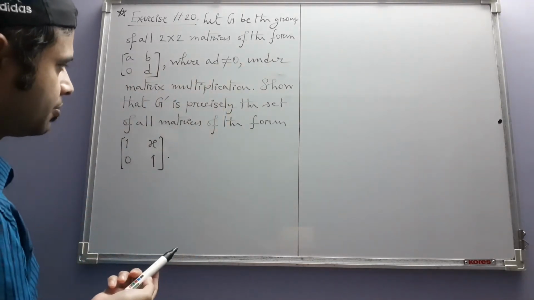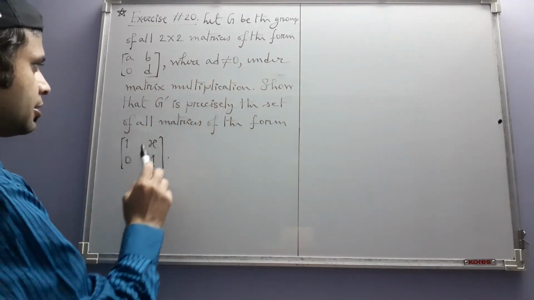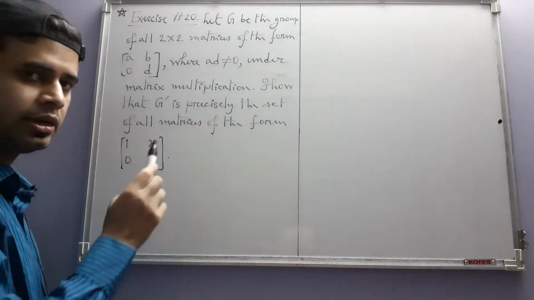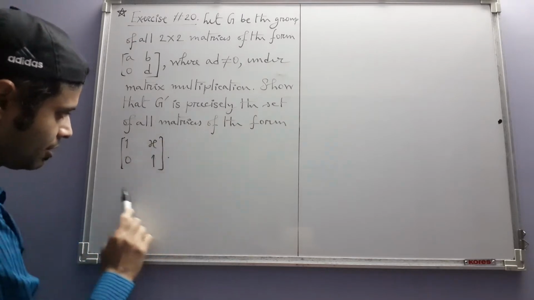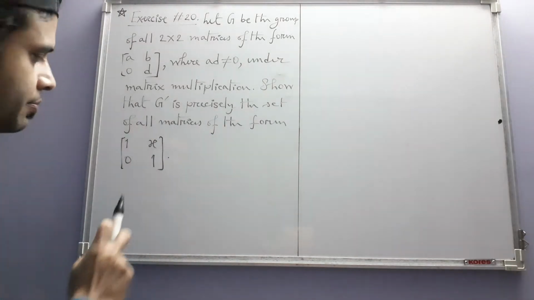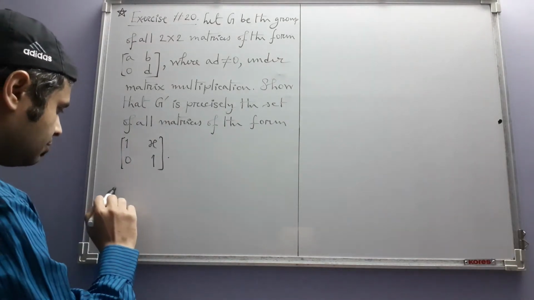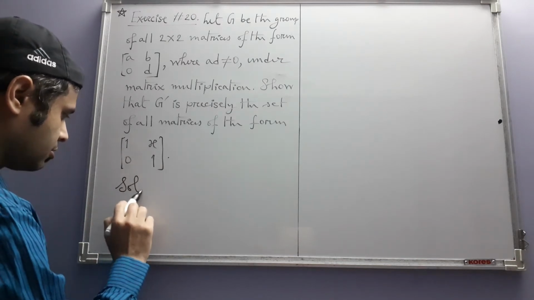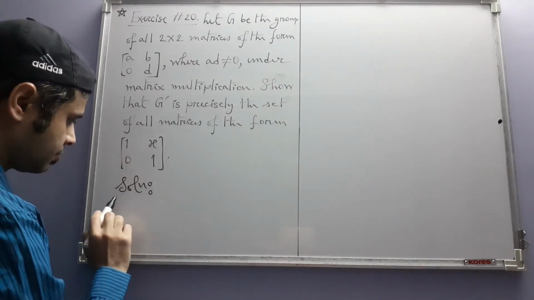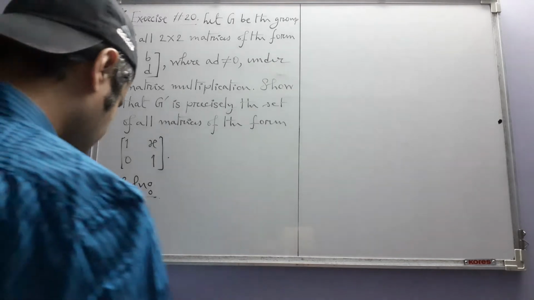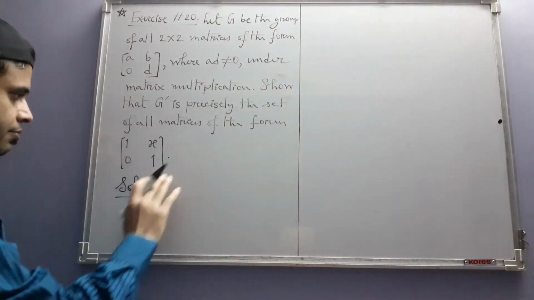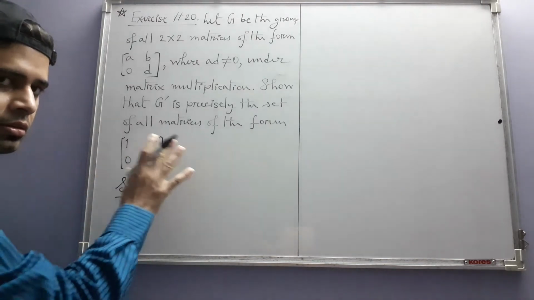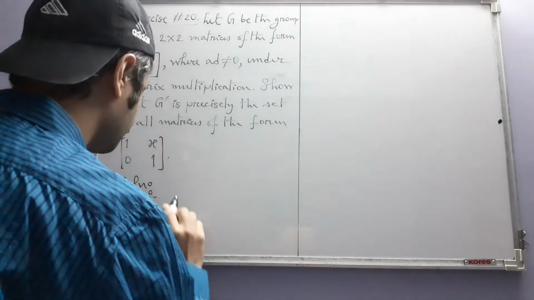Under matrix multiplication, we have to show that the commutator subgroup or the derived subgroup of G, G prime, is precisely the set of all matrices of this form. So let us see what we can do in the solution. In the beginning of the solution, let's just start by naming this set of matrices something.